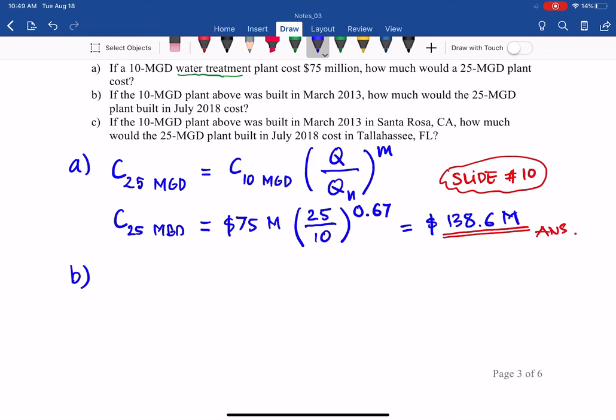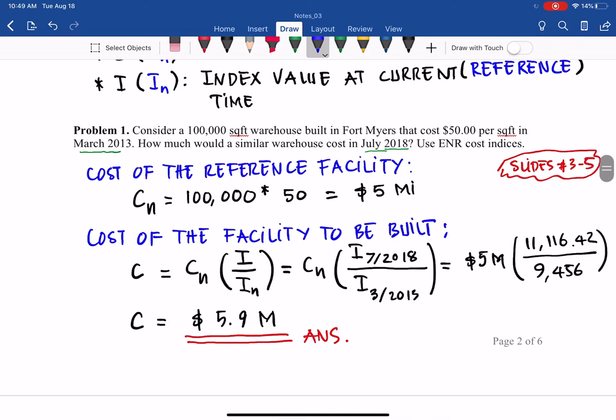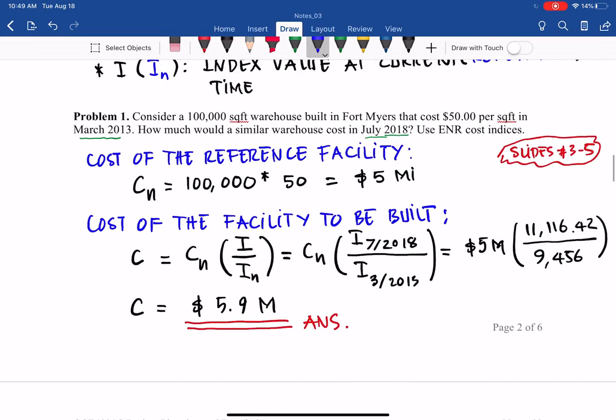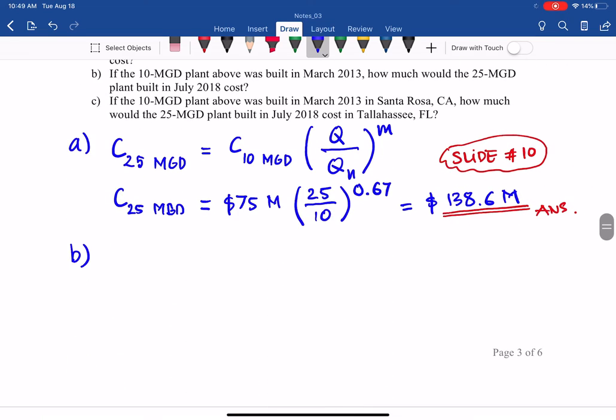Go back to problem 1 that we did earlier; it also has the index for March 2013 and July 2018. We can use that index exactly from the ENR, the Engineering News Record that you saw in the slides. For those of you not familiar, go to the video for lesson 1.